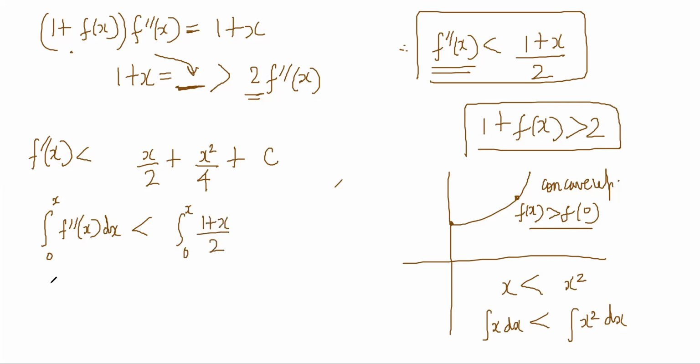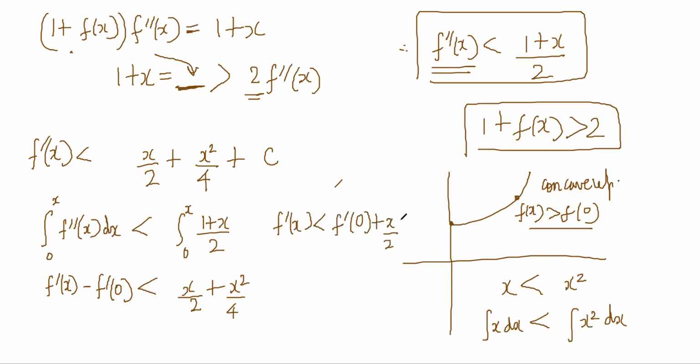If you do that, you will get f dash x minus f dash 0, right? Less than, you will get x by 2 plus x squared by 4, right? So then you will get basically f dash x is less than f dash 0 plus x by 2 plus x squared by 4, right?